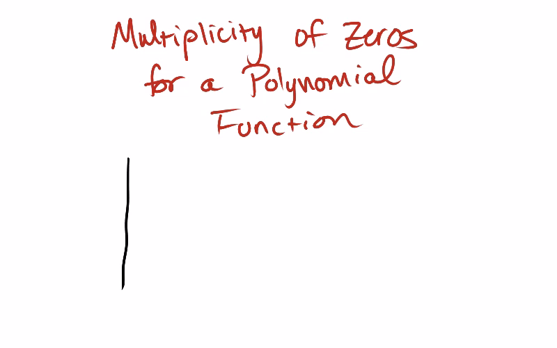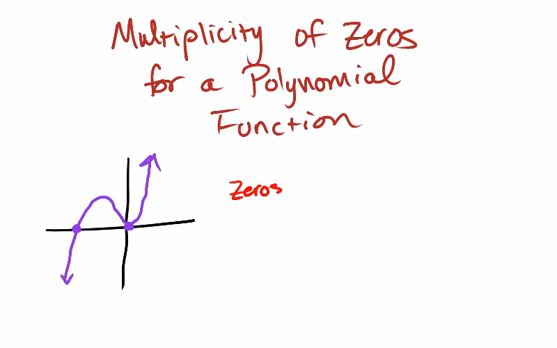If I draw a quick sketch of a graph, let's say that we have something like this, and then it hits and goes up right there. So let's say we have an x-intercept here and an x-intercept here. Remember, zeros of a polynomial function are going to be x-intercepts.